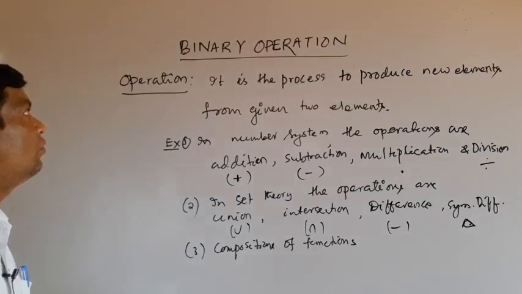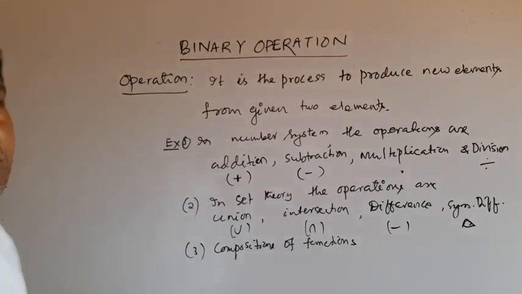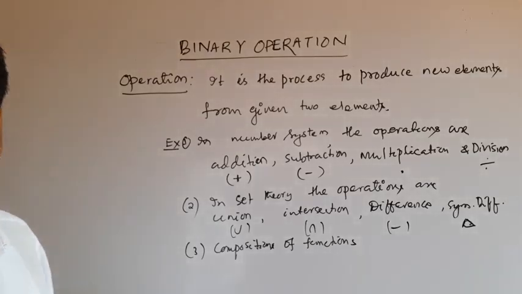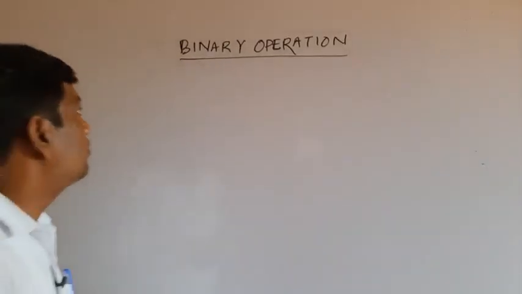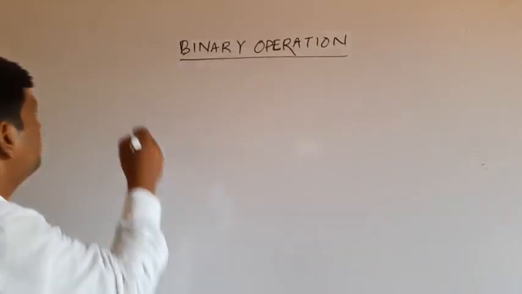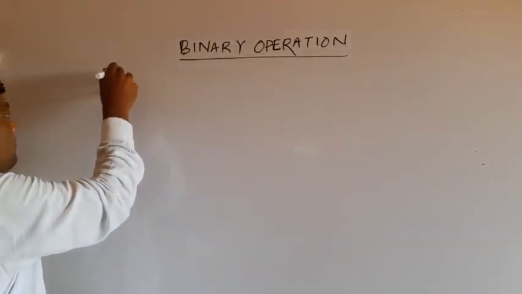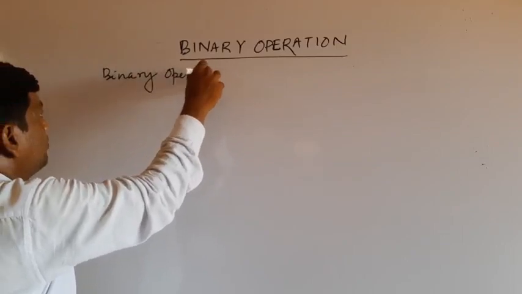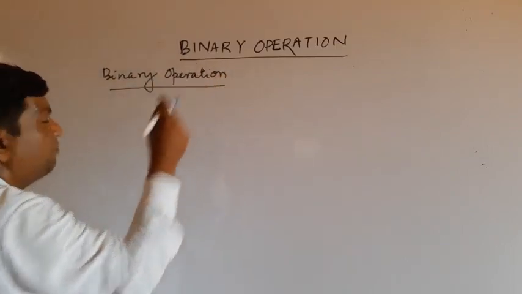Now we will discuss binary operation. What is binary operation? Bi means two.